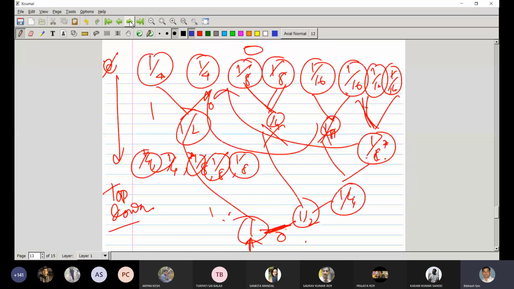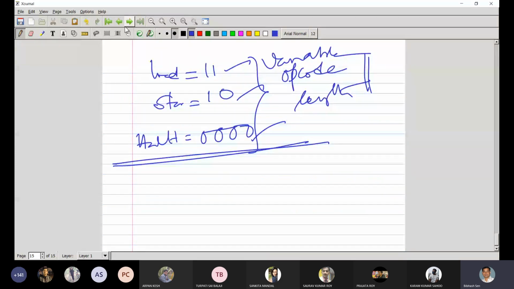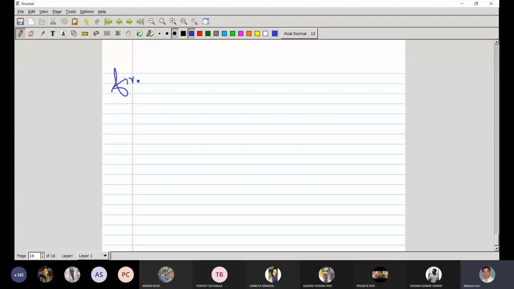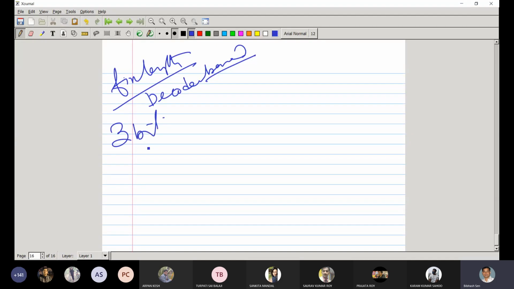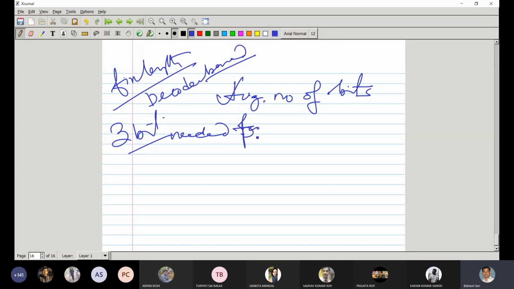So if I apply these things in the case of fixed length format, that is decoder based, suppose all are 3-bit instructions. Am I correct or wrong? All are 3-bit instructions. So you will calculate the average number of bits needed per instruction.